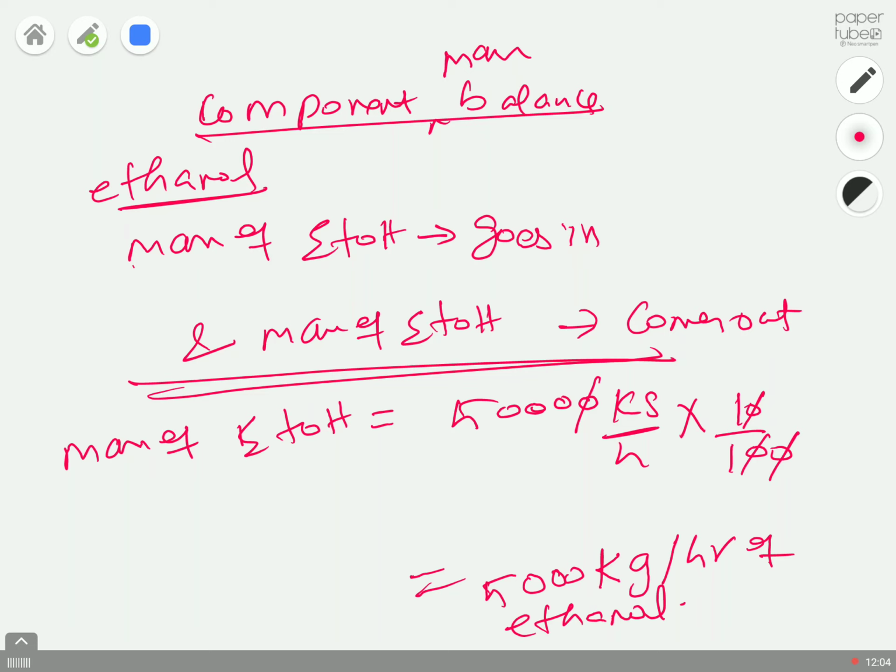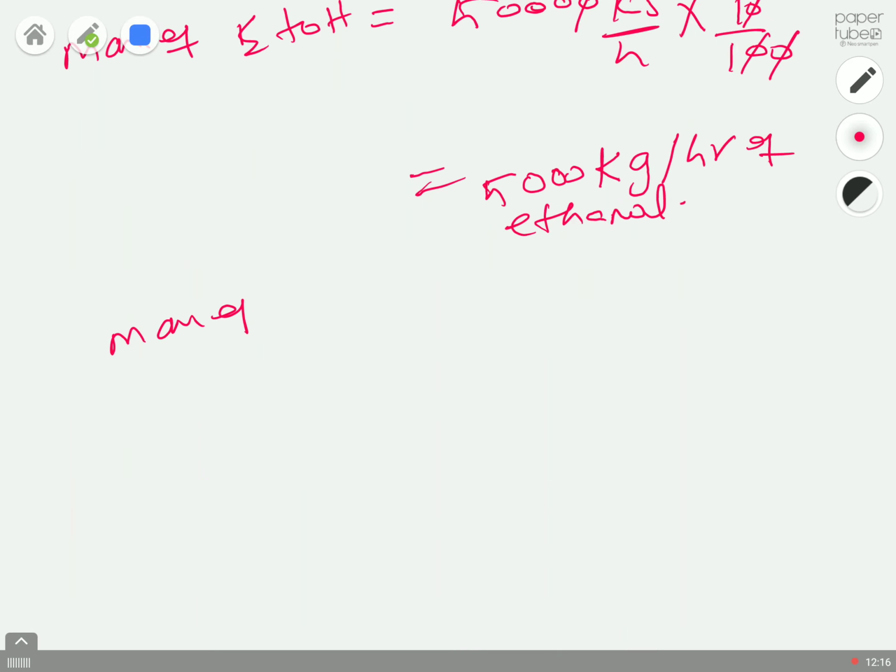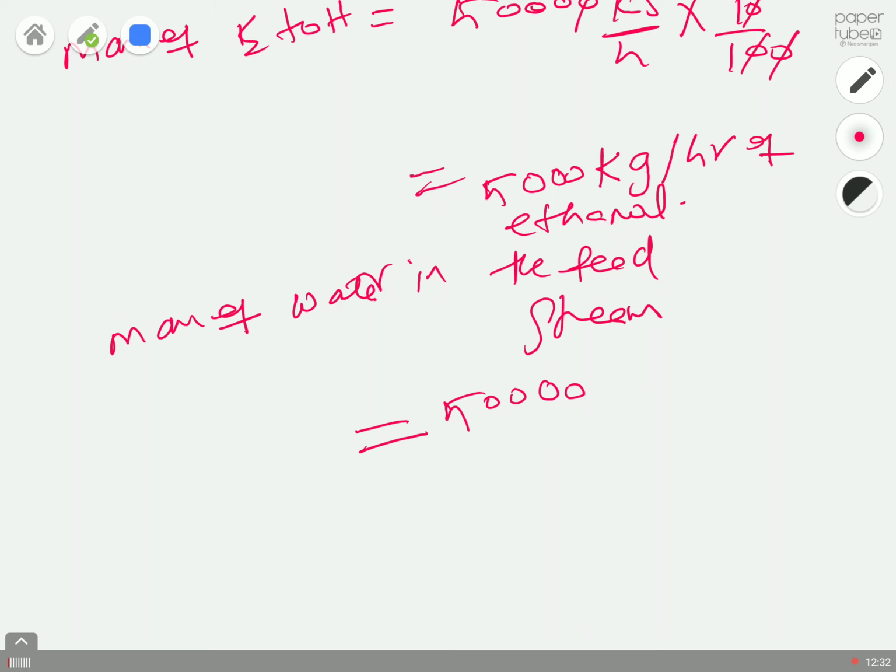We can also calculate the mass of water in the feed stream. We know 90% of your feed stream is water. So the mass of water in the feed stream is equal to 50,000 kilograms per hour, that's your total flow rate, multiplied by 90 over 100. So 90% of this flow rate is your water.